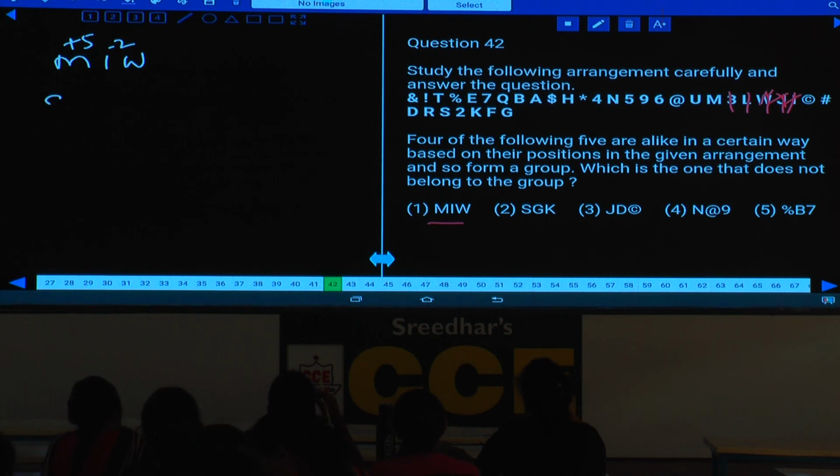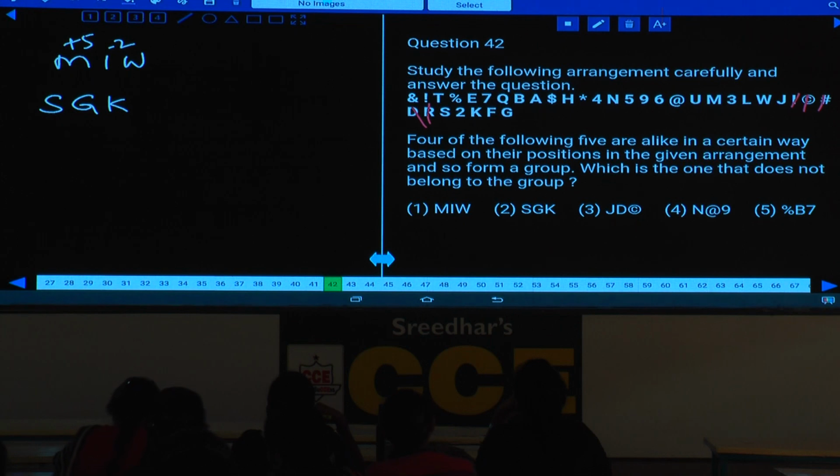Next, the second one, S, G and K. What is the pattern between S and G? From S, 1, 2, 3, 4, plus 4. And G and K, 1, 2, minus 2. So plus 4, minus 2.